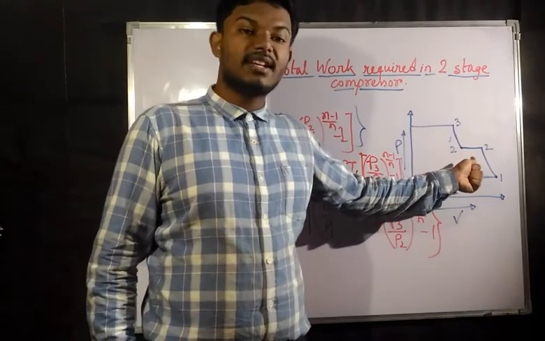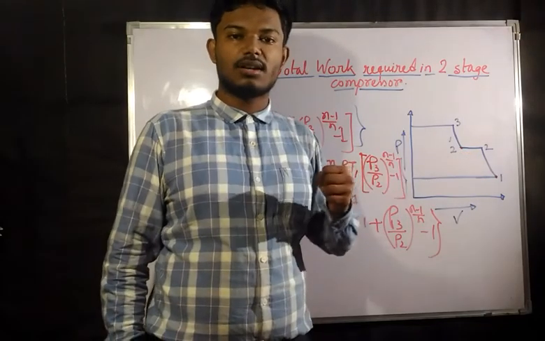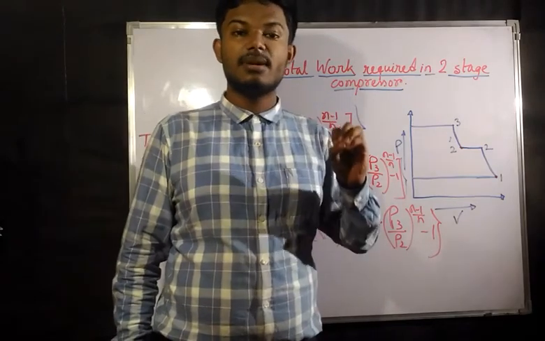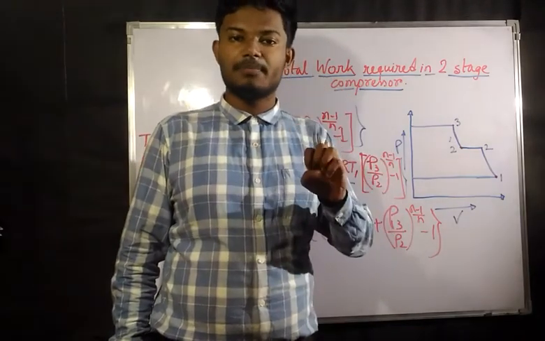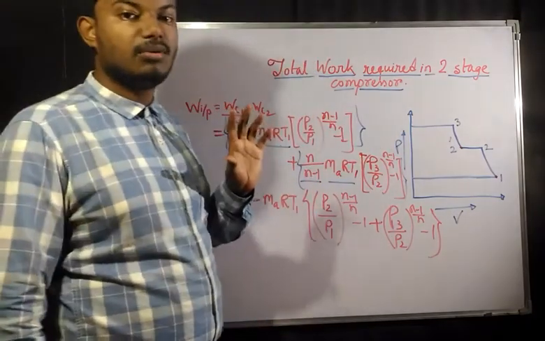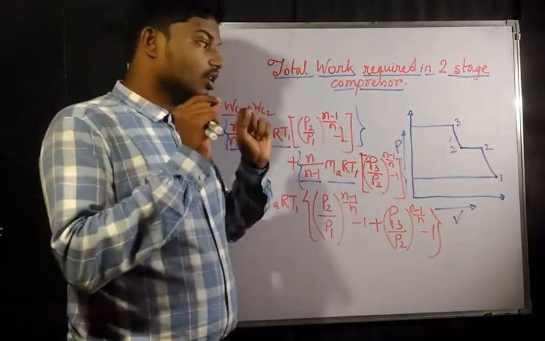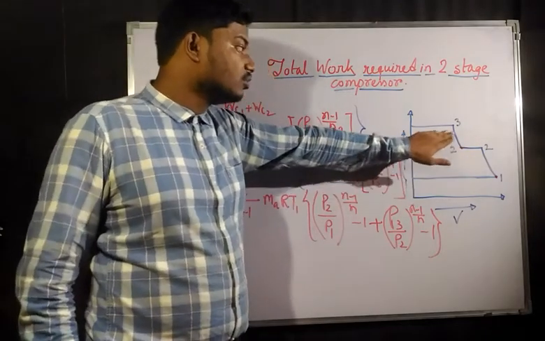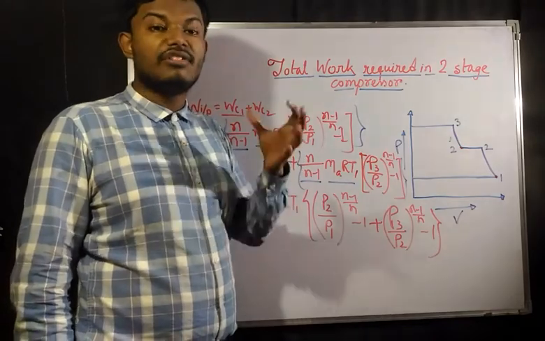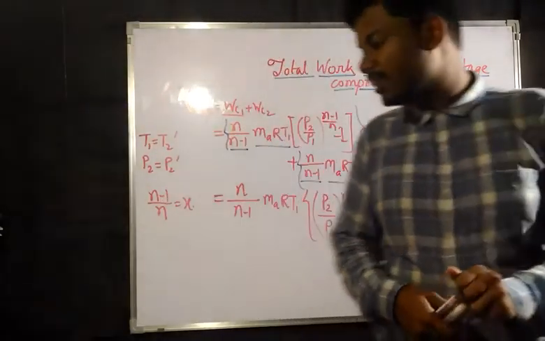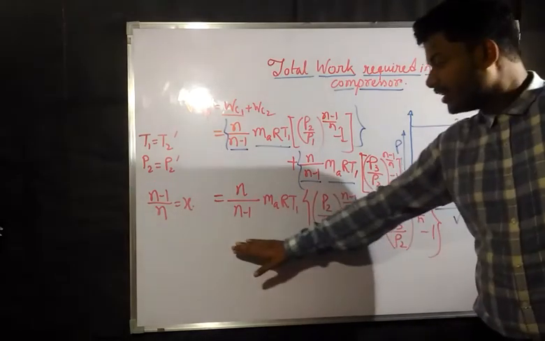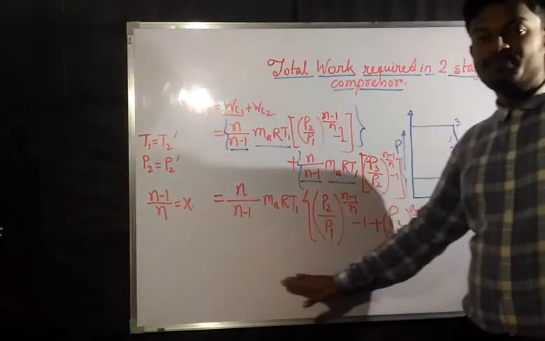A compressor is a device which consumes work, so to increase the efficiency, the work input must be minimum. To find the conditions for the compressor to consume minimum work, we need to differentiate this, and the derivative must be equal to 0.